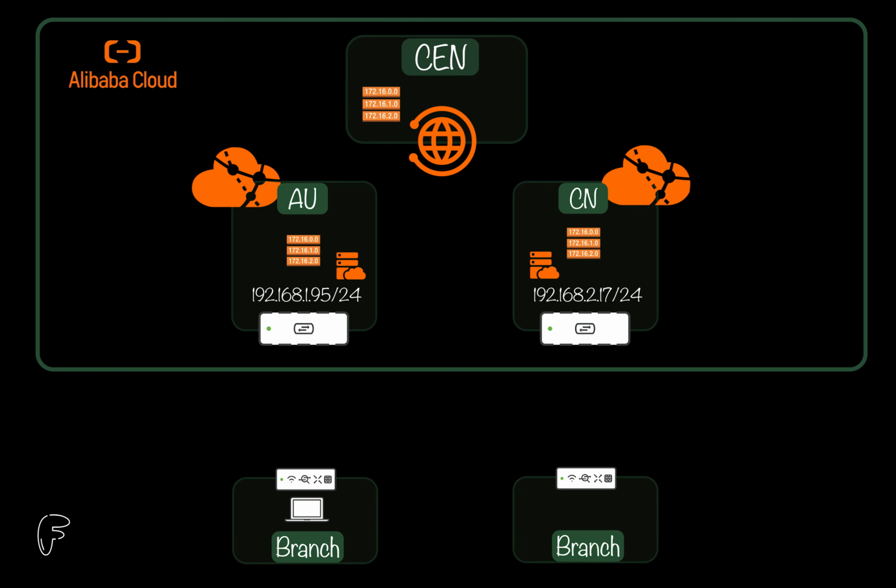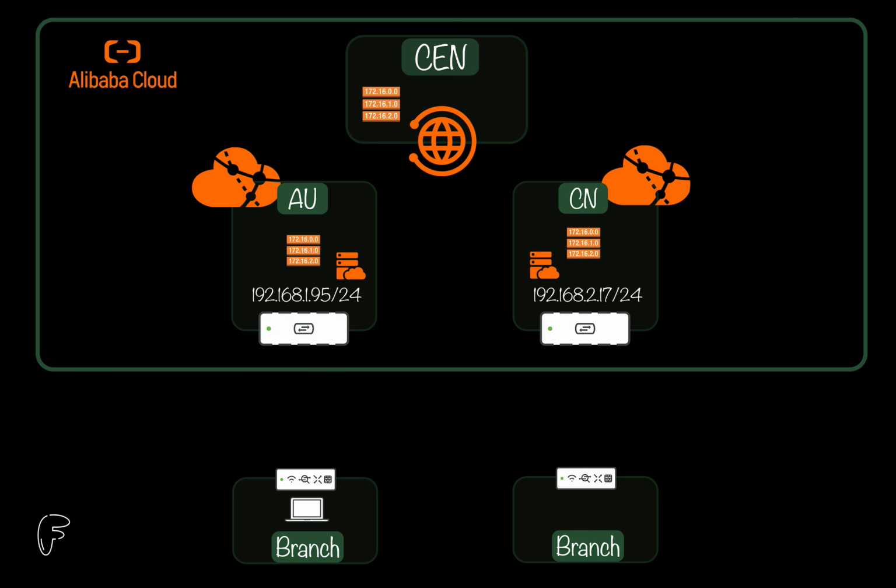All right, so that's done. Now let's talk about routing. So I will start from basically the machine I'm connected to. The machine I'm connected to at the branch is going through the AU virtual MX, and whatever I advertise from there as a local subnet will be installed in the routing table of my MX gateway.